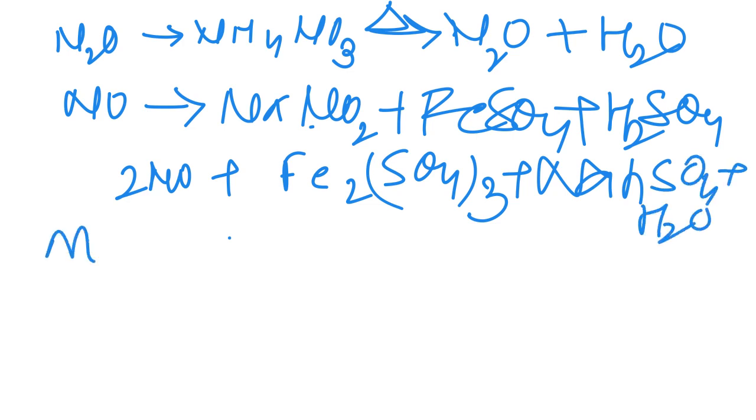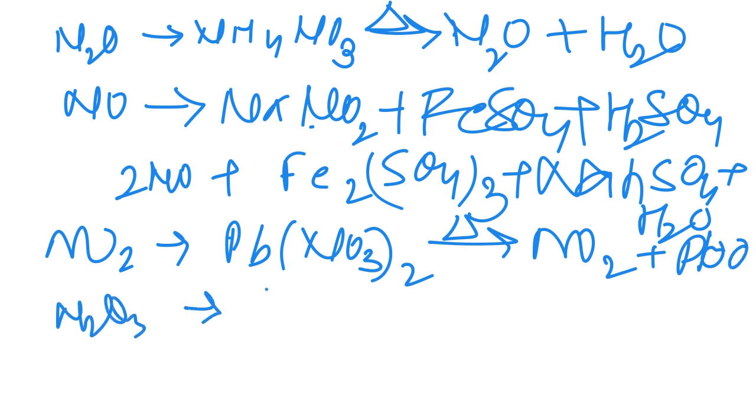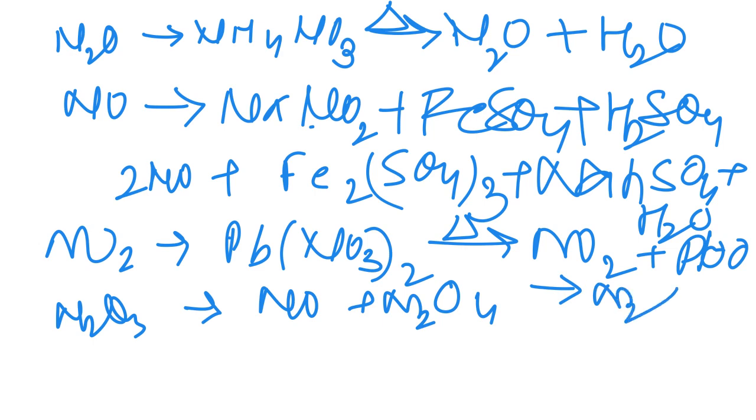Then NO2: if you thermally decompose lead nitrate, you will get NO2. For N2O3, just react NO and N2O4, and you will get N2O3.